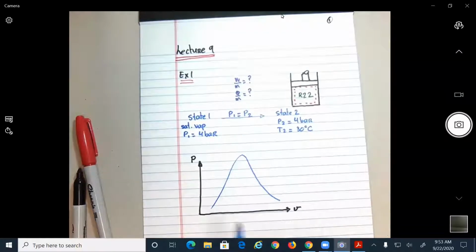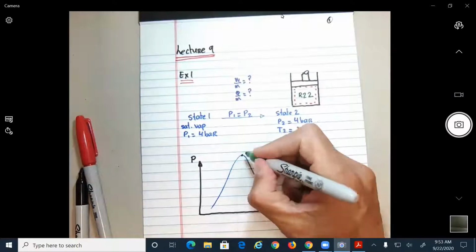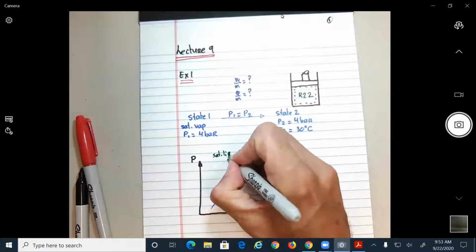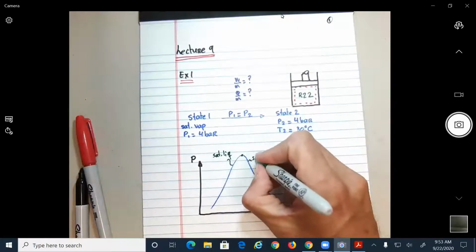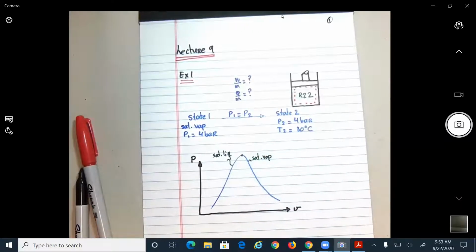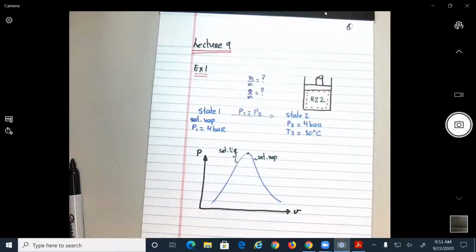So if you remember this figure, what is the meaning of the left-hand side of this curve here? This is saturated liquid. Yeah, from this side up here, this is saturated vapor. Okay? So all right, what do we know?